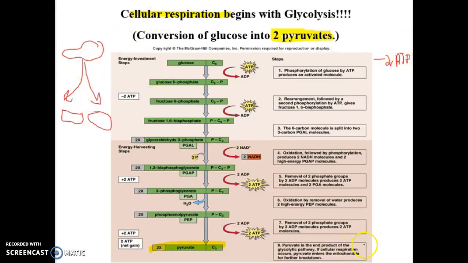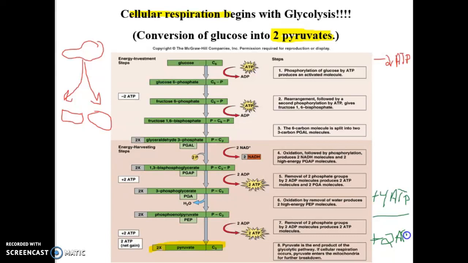But the really nice thing is you actually got back from glycolysis 4 ATP. Now remember, our goal of all of this is to produce as much ATP as possible. So do the math. You spent 2, you got back 4. If you repay yourself the 2 that you spent, you've still gained 2 ATP.